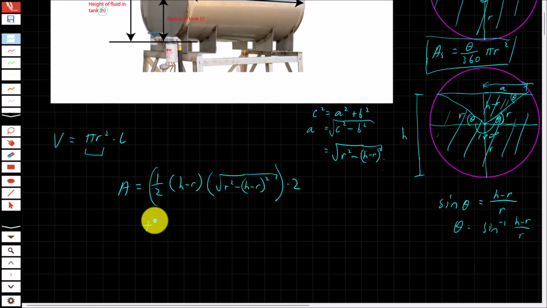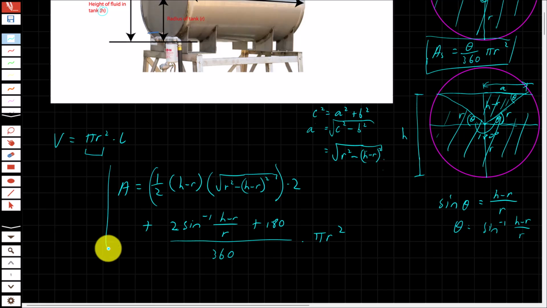So it'll be theta, which is 2 sine inverse sine h take r over r. 2 because we have one angle here and another angle there, we need to add them together, plus 180, that's our theta, that's all over 360, then multiply that by pi r squared.